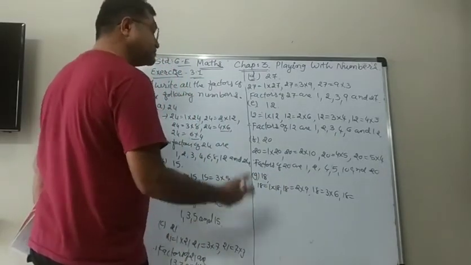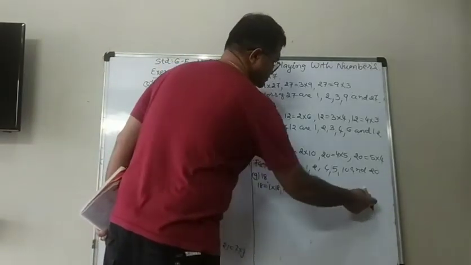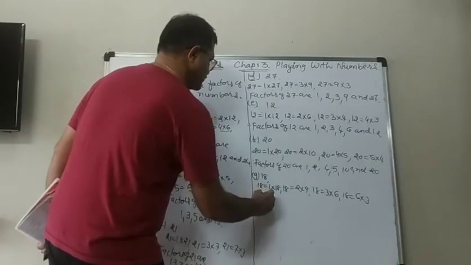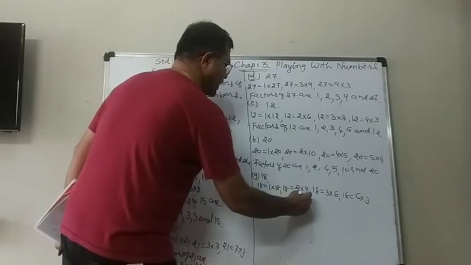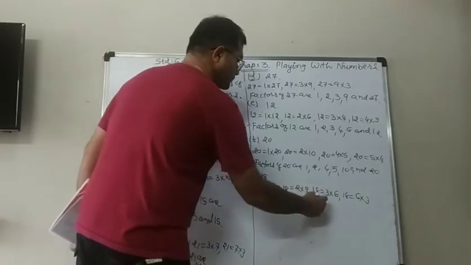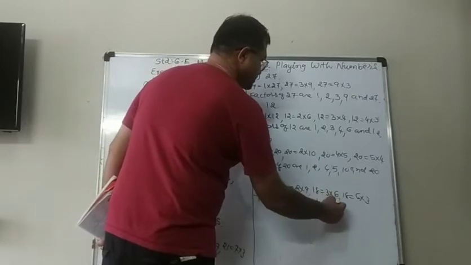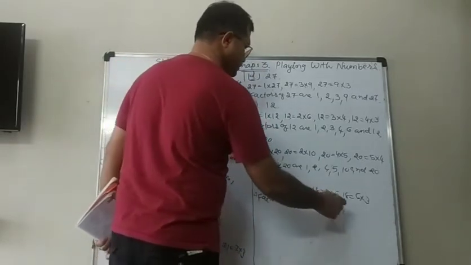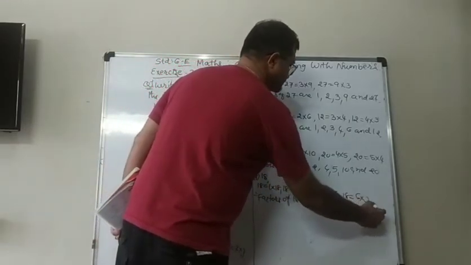No. 6 3s are 18. So we have to stop because 3 6s and 6 3s is the same thing. Therefore, factors of 18 are 1, 2, 3, 6, 9 and 18.